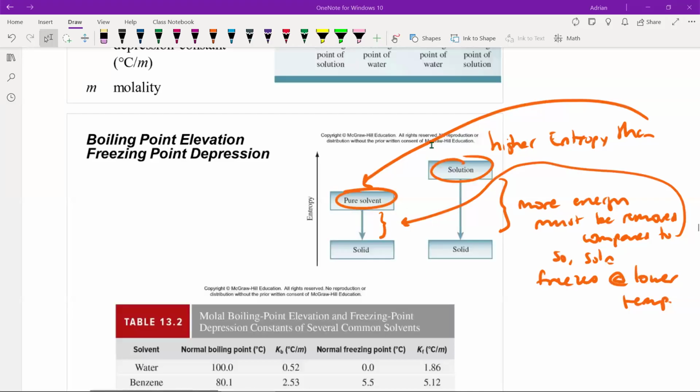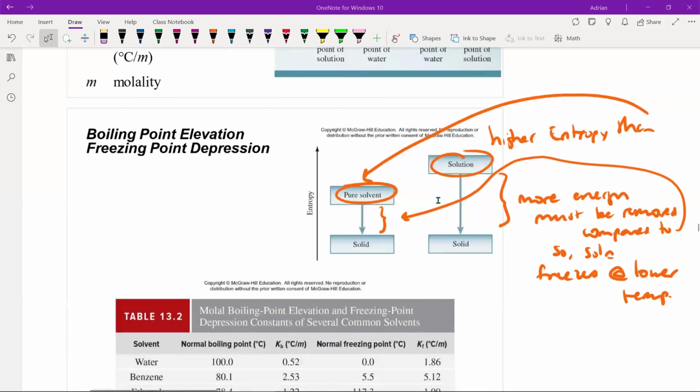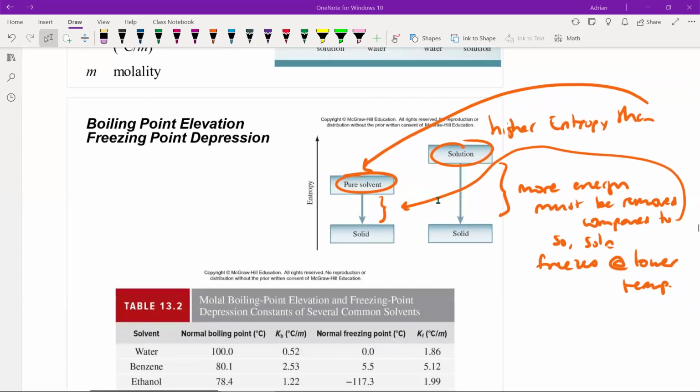So we can rationalize the depression of the freezing point by comparing the entropies of the solution compared to the pure solvent. If you compare just the starting point, the entropy of the pure solvent compared to the entropy of the solution, you'll notice that the solution has a higher entropy than the pure solvent.